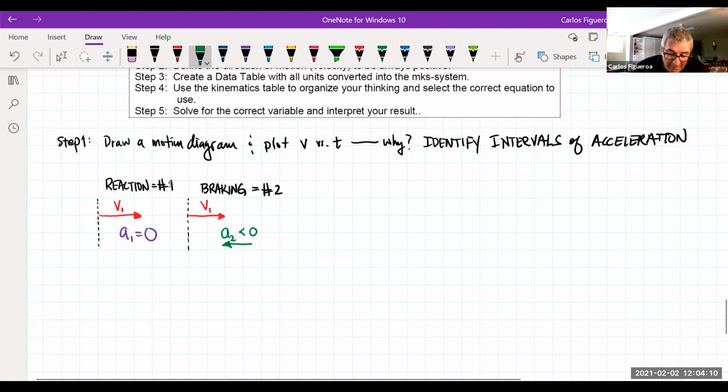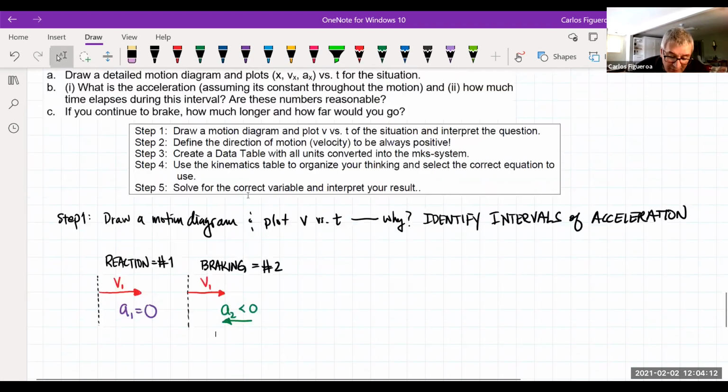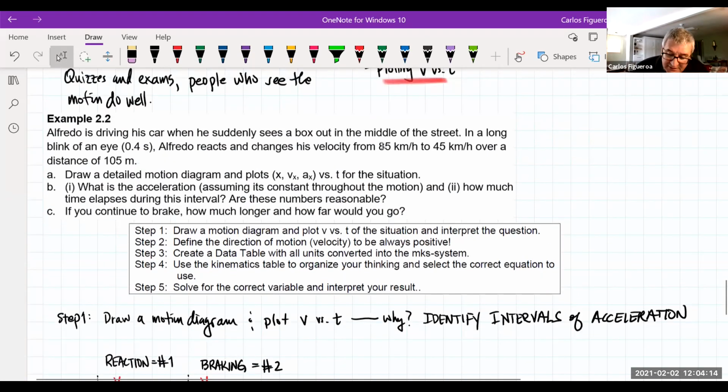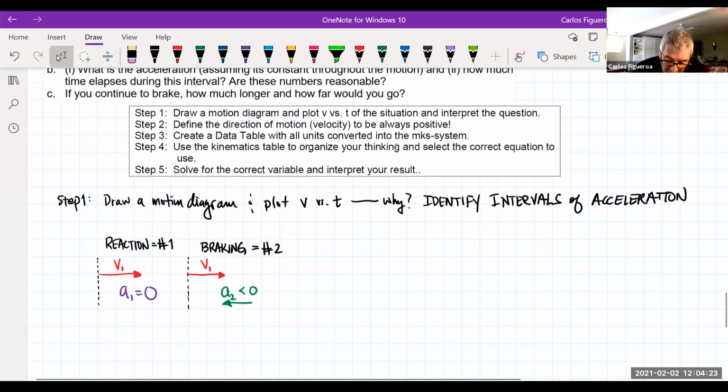Okay, so I'm braking. Now, if I continue to read this, it says I go from 85 kilometers to 45 kilometers. So I'm going to brake over some distance here. It doesn't say that I'm coming to a stop, but I do know that when I get to this point right here, I now have a slower speed.